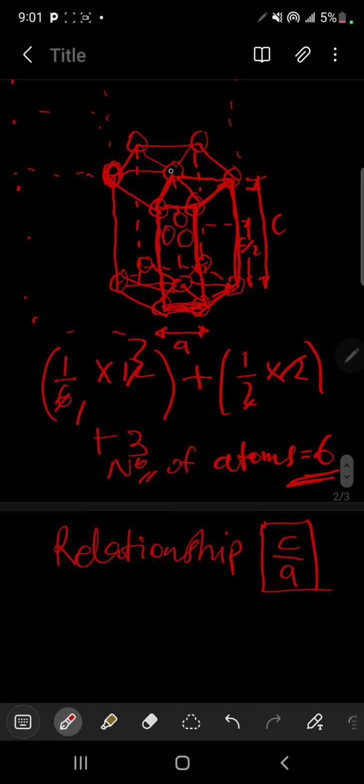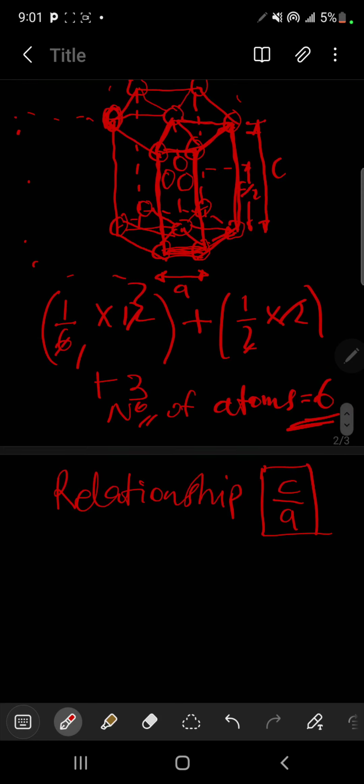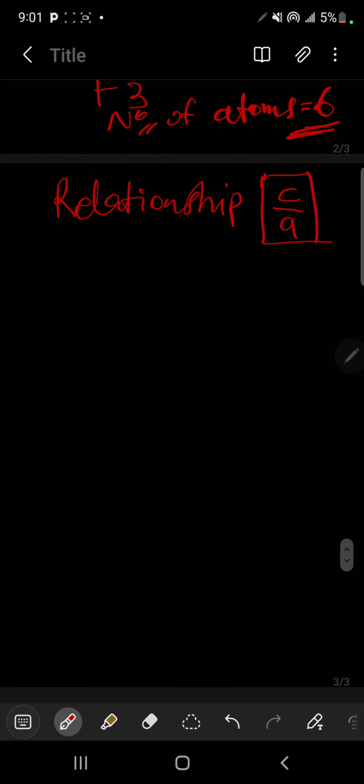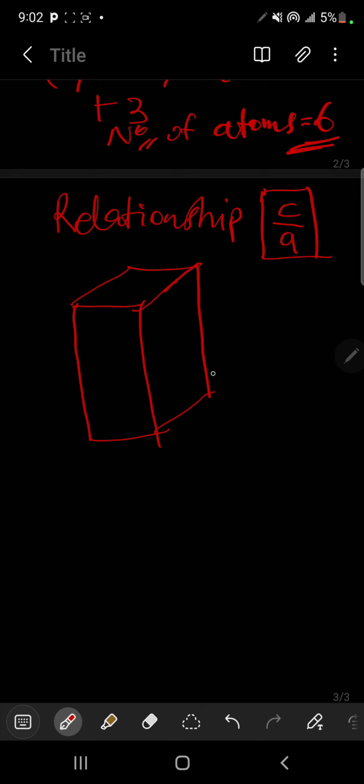If we do that, we can just redraw that cuboid. I don't know if it's a cube. It looks something like this. Now notice that there are corner atoms at every point, including there.